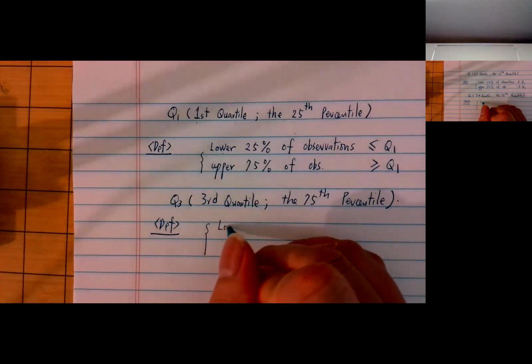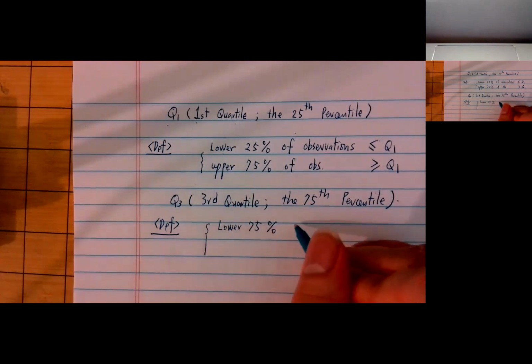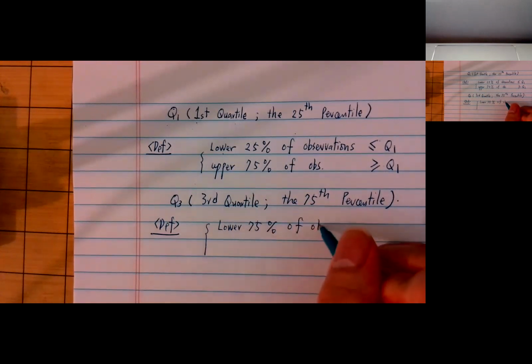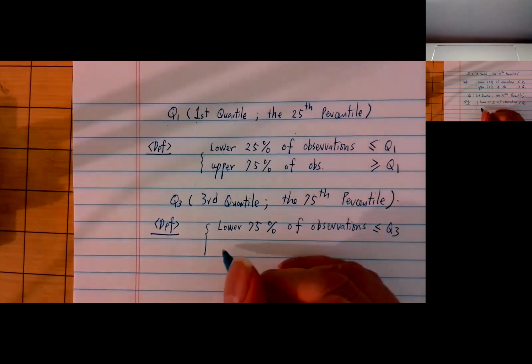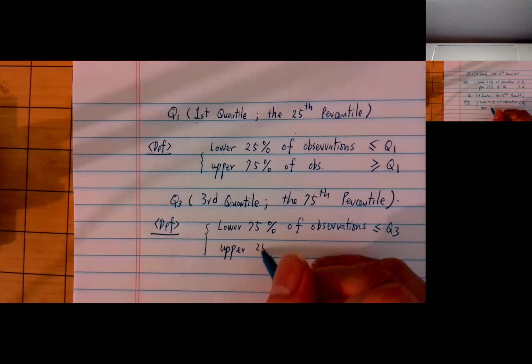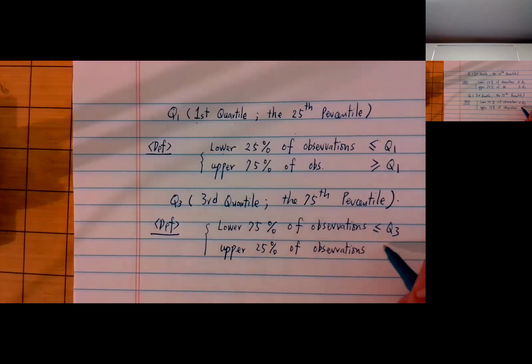The lower 75% of observations are less than or equal to Q3, and the upper 25% of observations are greater than or equal to Q3.